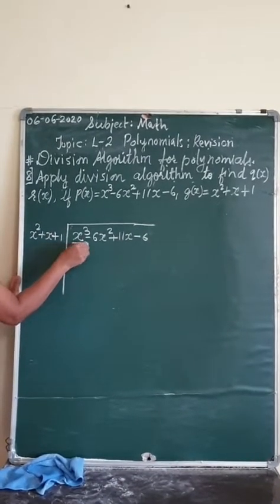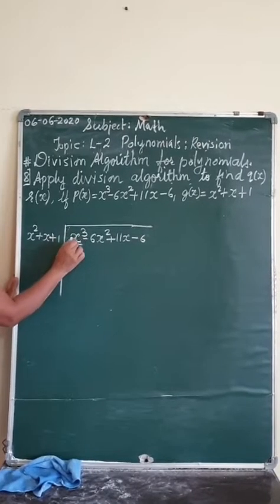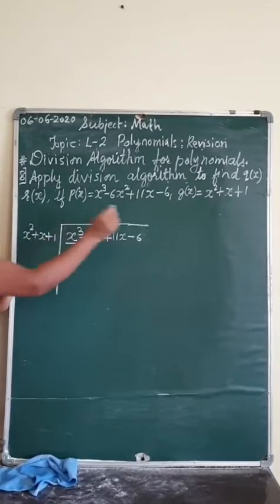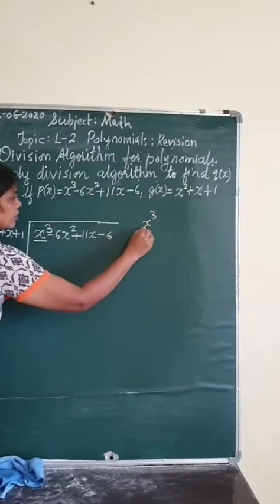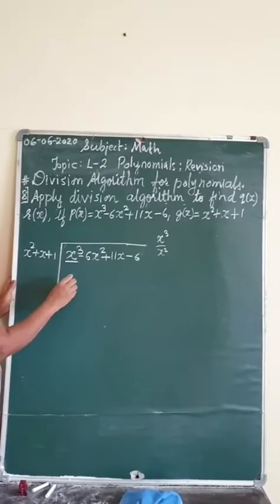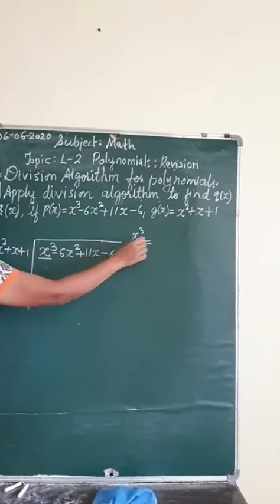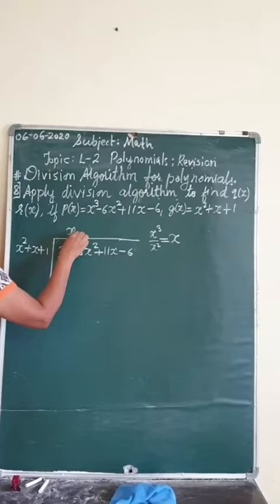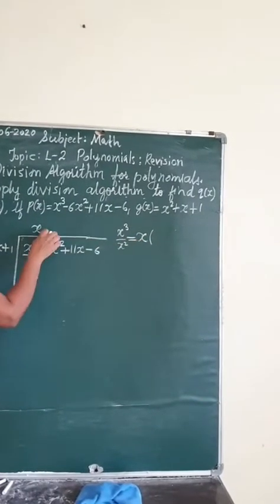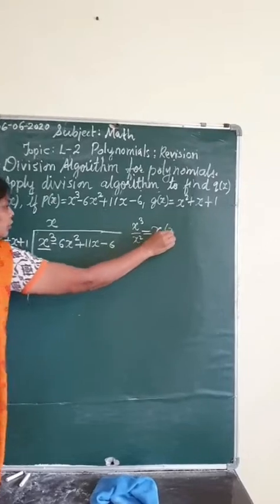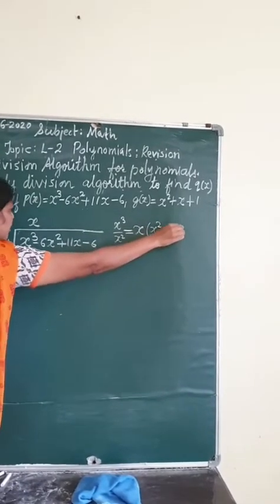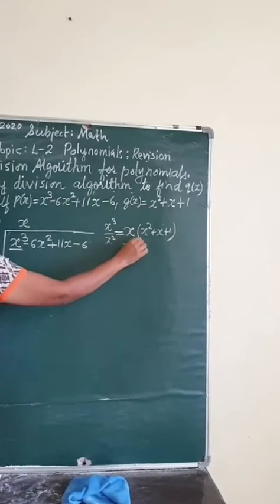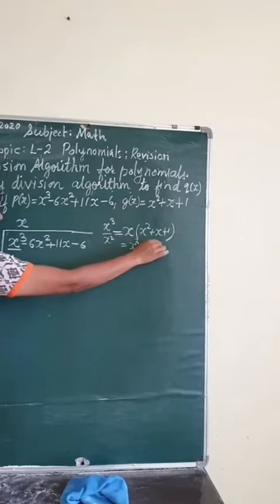Now here this dividend has the highest power x cube, which we are dividing by the highest power of the divisor, x squared. This division gives us x as the answer. So that is the quotient here. Now what next? By this x, multiply this whole polynomial. What this gives us is the expression x cube plus x squared plus x.